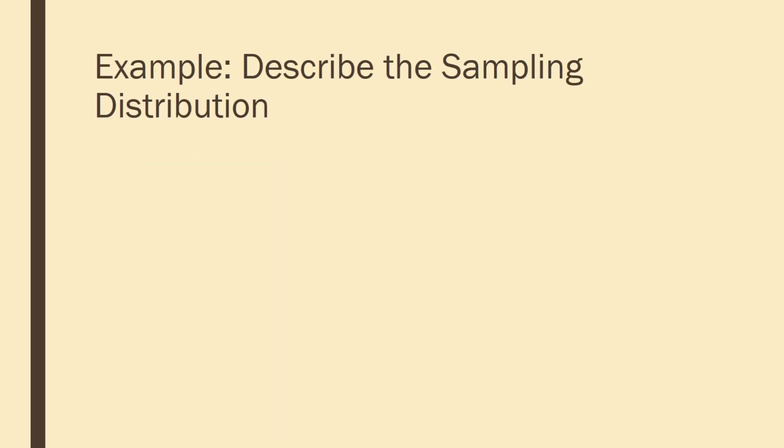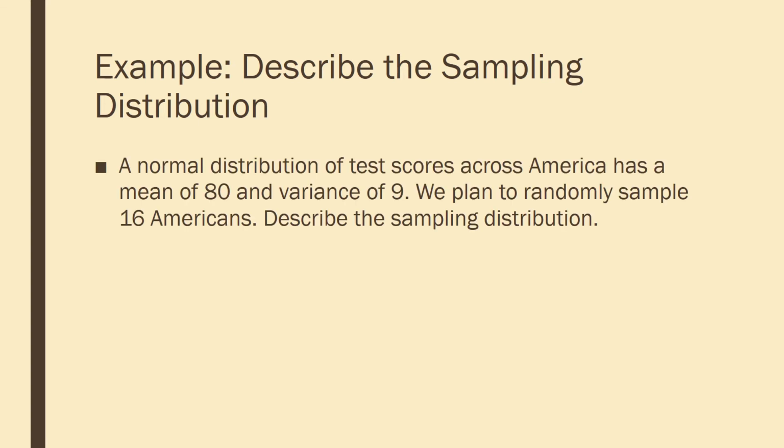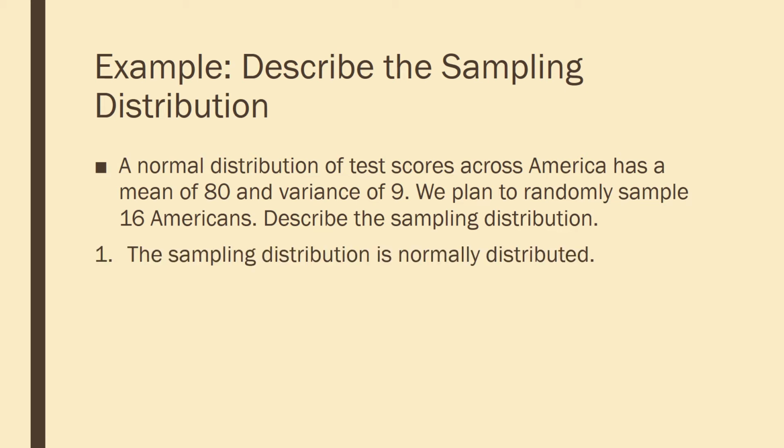Now I'm going to go over an example of describing the sampling distribution. So say we have a normal distribution of test scores across America, and they have a mean of 80 and a variance of 9. We plan to randomly sample 16 Americans. Describe the sampling distribution. So 1, we know the sampling distribution is normally distributed. Why? Because the population distribution of test scores is already normally distributed.